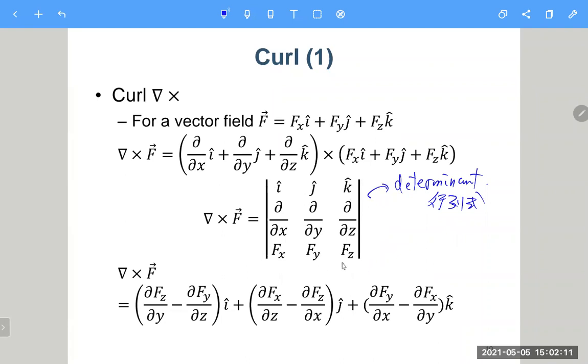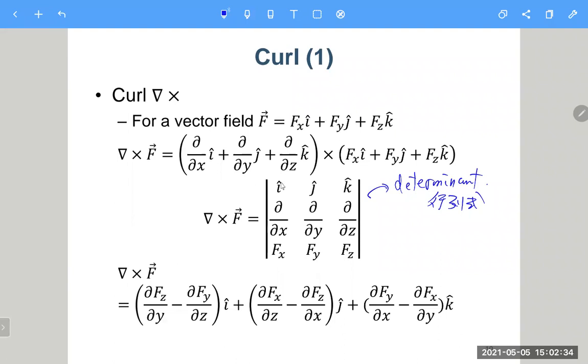When you really want to expand this one, you would have 6 terms in total, which is this one times this one times this one, and then plus this one times this one times this one, and also this one times this one times this one, with the plus sign.